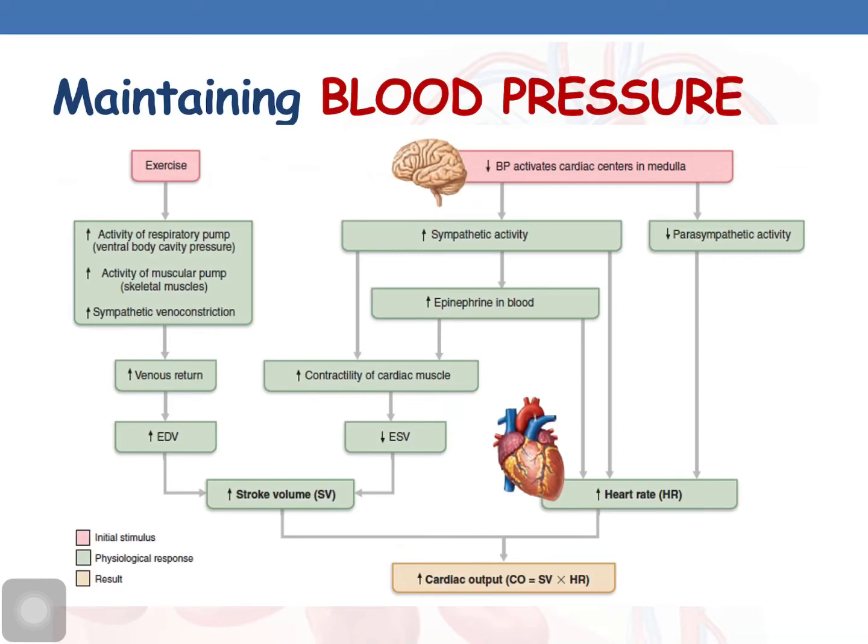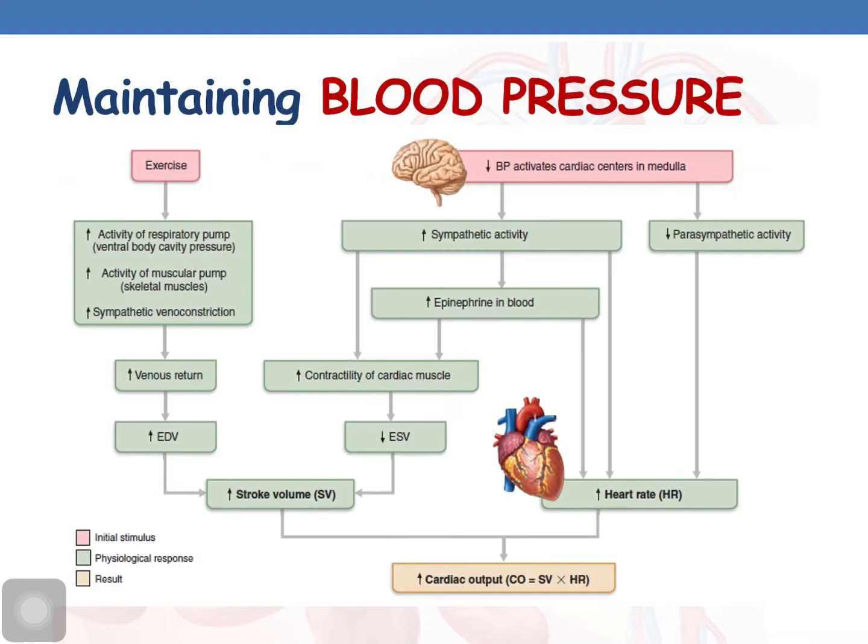How does the body short-term regulate blood pressure through the nervous system? If there is a decrease in blood pressure in the body, it will activate cardiac centers located in the medulla. The cardiac centers in the medulla will increase sympathetic activity and decrease parasympathetic activity. The increase in sympathetic activity will cause increased epinephrine in the blood.